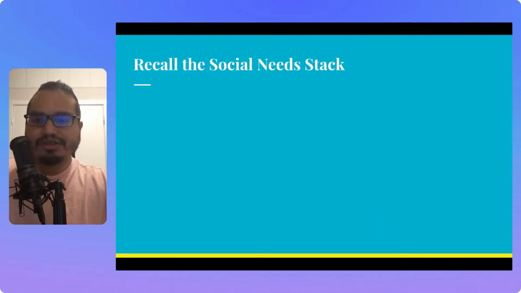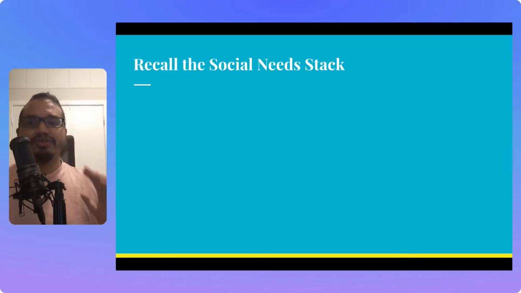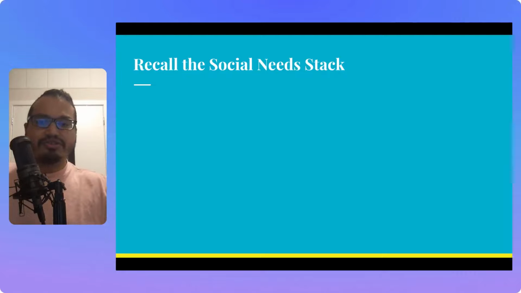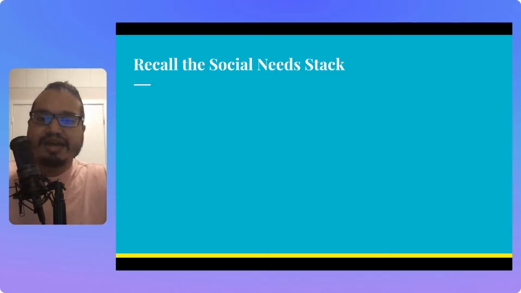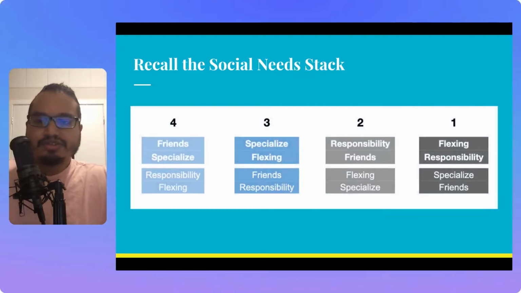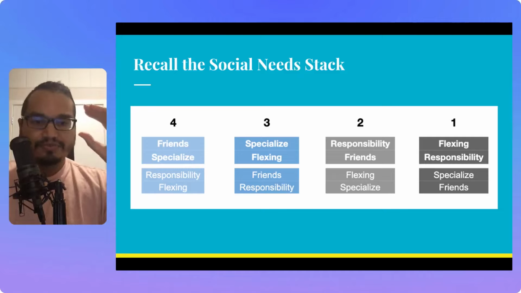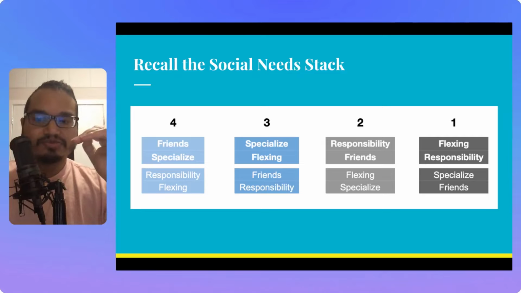Continuing on here, we have the social needs stack. Those were the social coins, and moving on to the next, this social needs stack is going to be very relevant. Just see what you have in your top 3, right? For example, with the number 4s, you got friends, specialize, and responsibility in the top 3, flex last.